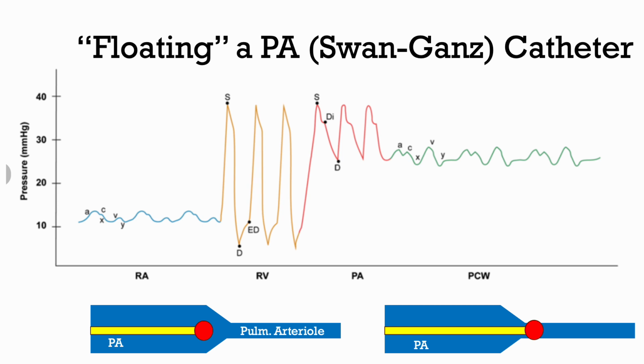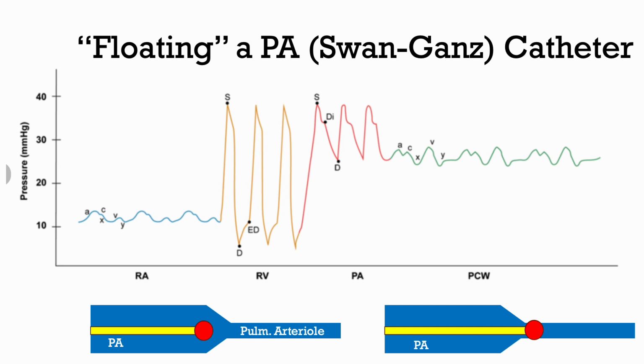As you float it forward, you're measuring the pressures experienced at the tip of the catheter. Here you're going through a pulmonary artery, so everything this artery is experiencing in terms of pressure is transmitted to the tip of the catheter. Then when it gets wedged in the pulmonary arteriole, the only thing the tip is measuring is what's downstream, because the balloon you've inflated has excluded everything up here.